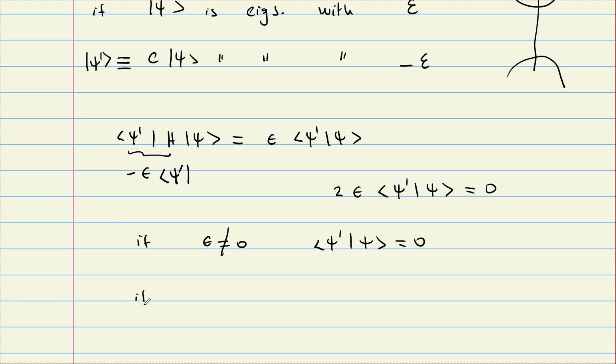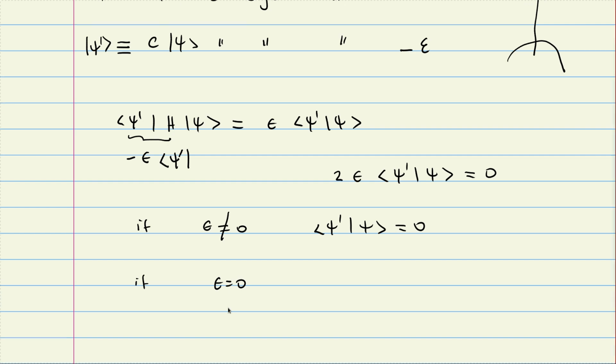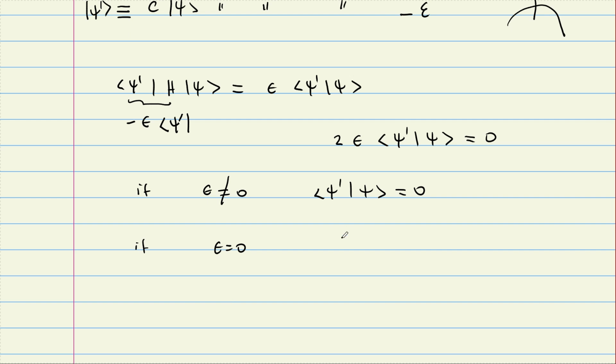However, if epsilon is 0, there can be no pair, right? We don't have 0 with two different signs. There's only one 0. Then there has to be only one state, so one unpaired state is mandatory.